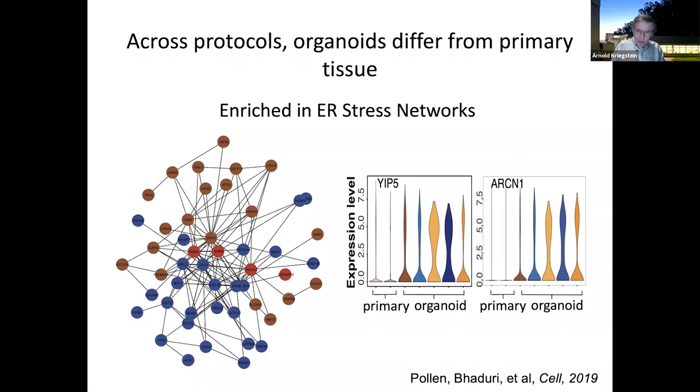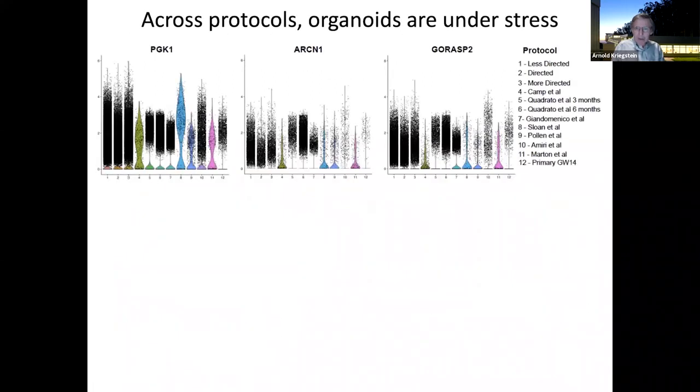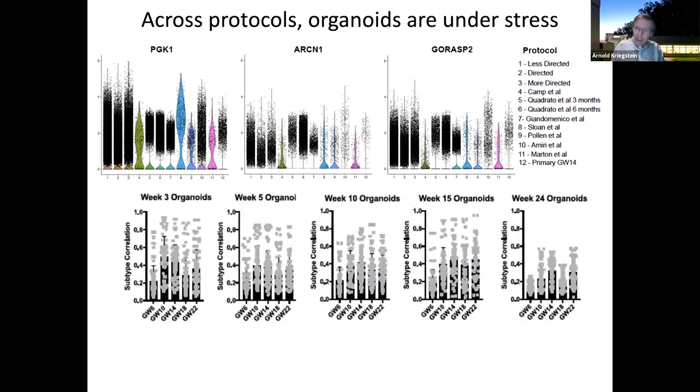So the organoids are generally under a great deal of metabolic stress. And that's not just true in our own hands. If we look at published data sets shown here, single cell data sets from other labs indicated on the right, we find the same enhancement of these ER stress and metabolic glycolysis network genes that we see in our own hands. And it doesn't change over time.